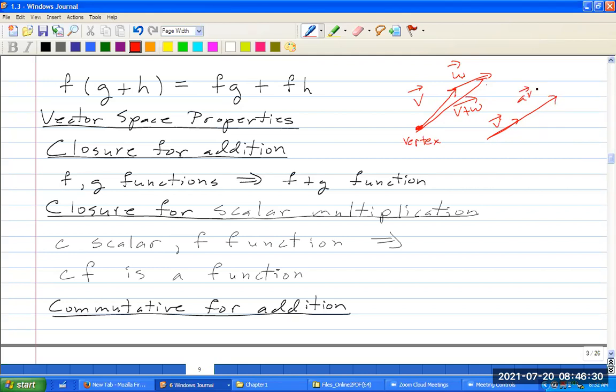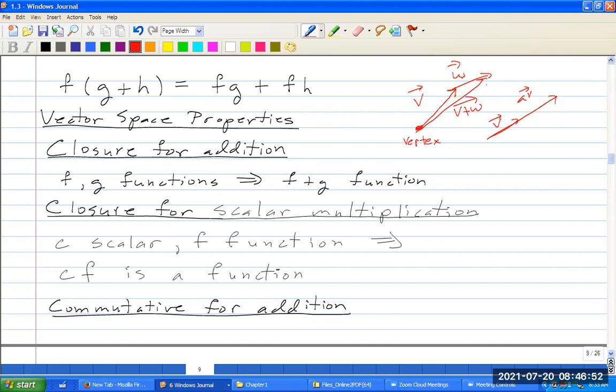If a is greater than 1, then you stretch it and make it longer. If it's less than 1, then you shrink it. And if it's negative, then it goes in the opposite direction.